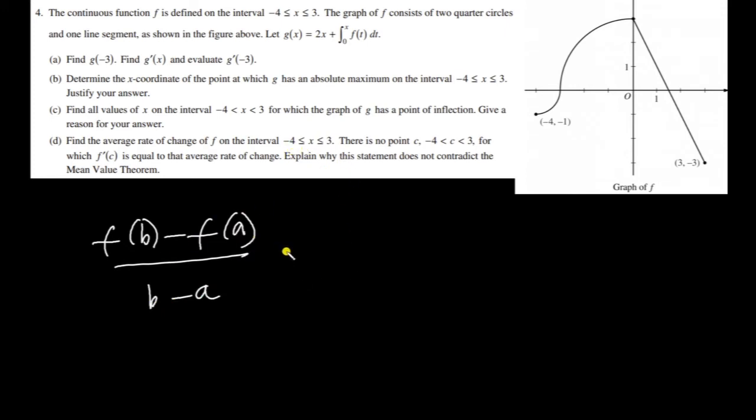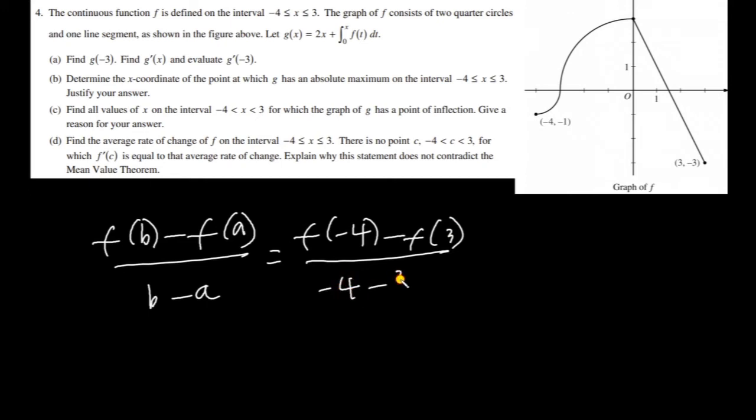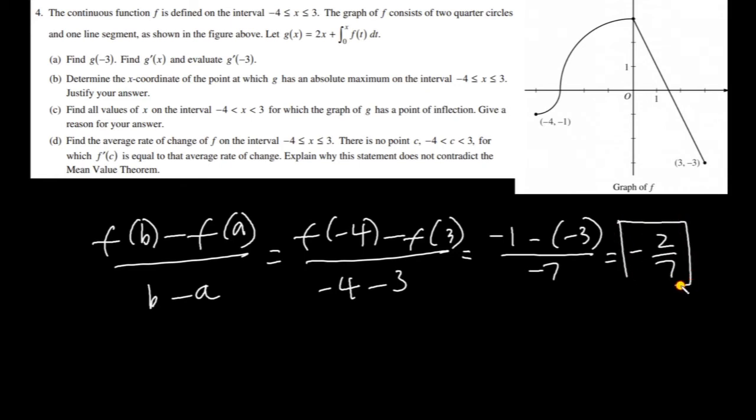So we need f of -4 minus f of 3 over -4 minus 3. f of -4 is -1, f of 3 is -3, over -4 minus 3 is -7, right? So -1 minus -3, that's -1 plus 3, which is +2, so we get -2/7. This is the average rate of change.